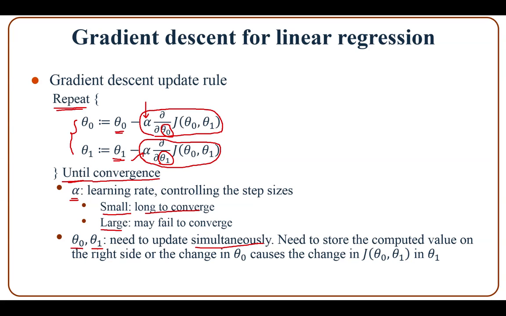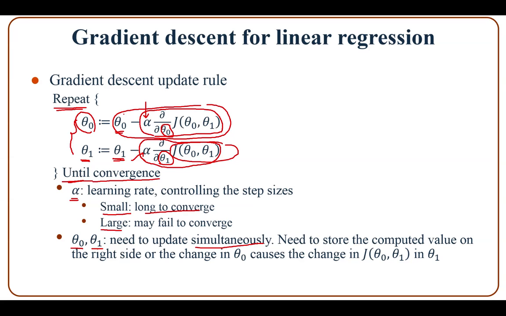The reason is, let's say if you compute the new value for theta naught and store it into theta naught, then at that time theta naught will change. So the cost function is changed accordingly. That affects the computation of theta 1.